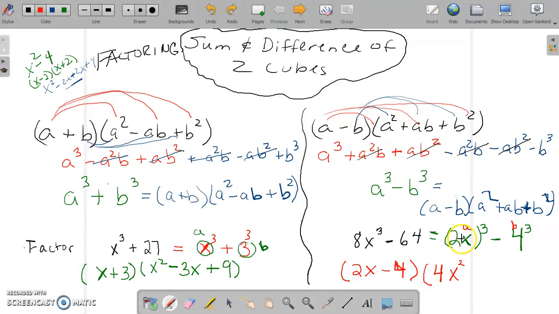Plus a times b, so it's going to be 2 times x times 4. That's 8x as the middle term here, and it's going to be a plus, so plus 8x. Then we're going to square the 4, because that's your b, and that's going to be 16. So that is the gist on how to do the sum and difference of two cubes when you're factoring.